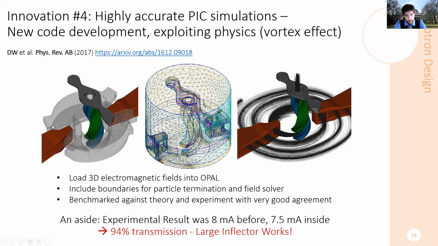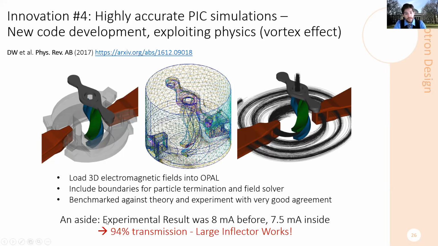When I was at PSI, one thing I did together with Andreas is to develop this new model of tracking a beam through a spiral inflector field using the realistic electrode shapes as boundary conditions for the particle termination, but also for the field solver. So that includes then mirror charge effects of the particles going through the spiral inflector.